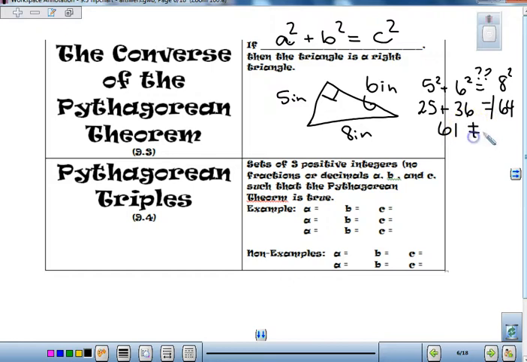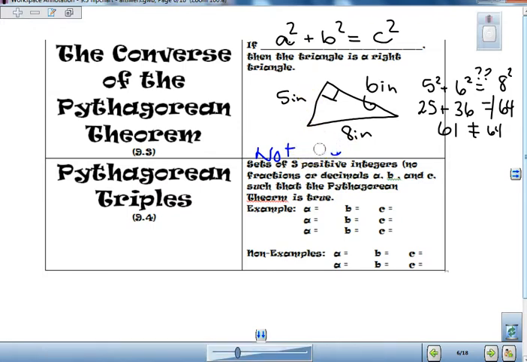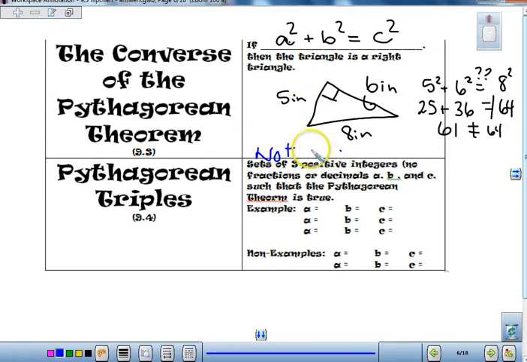So since 61 does not equal 64, this triangle with the measurements they're giving us is not a right triangle. It might look like it from the picture, but because of the sides, the converse says this is not going to make a right triangle because our converse does not work.